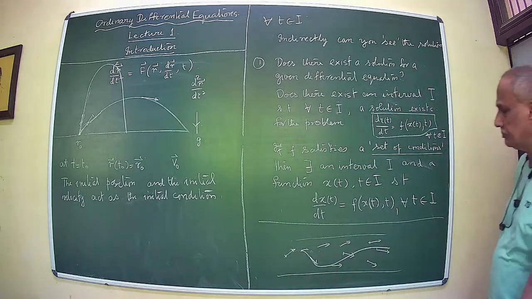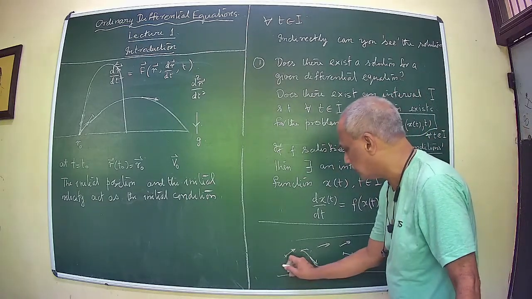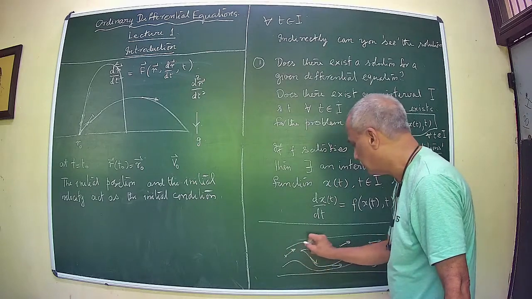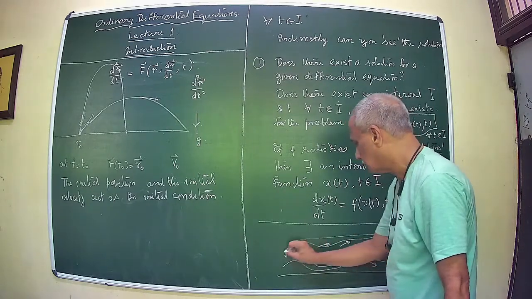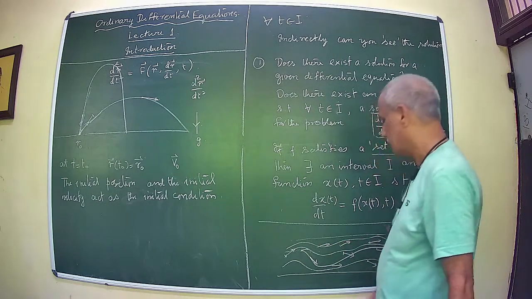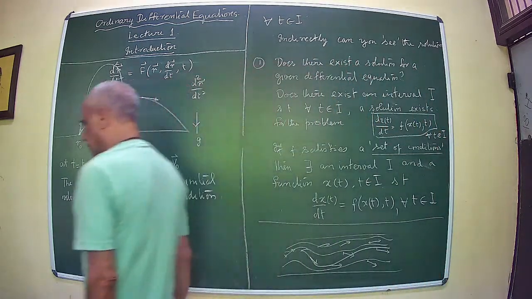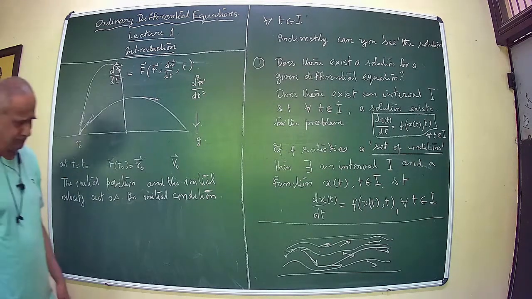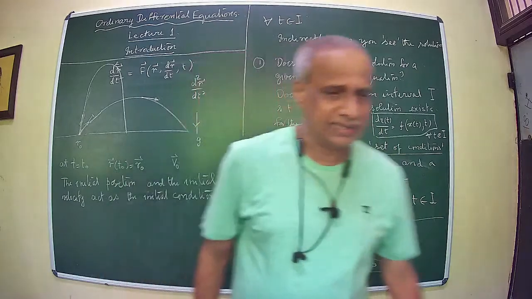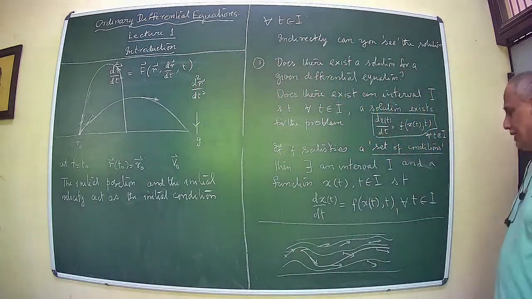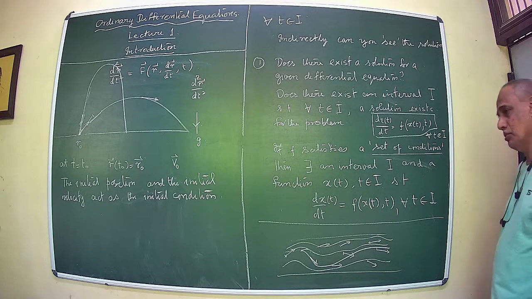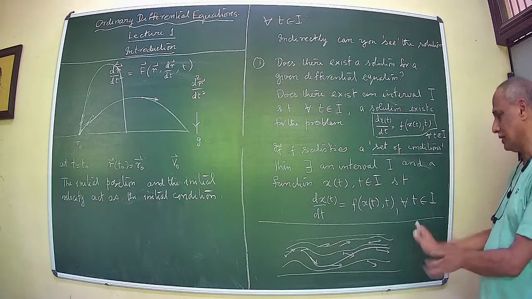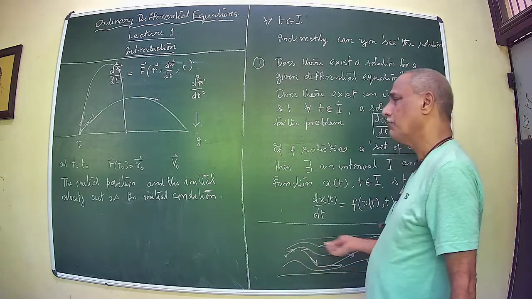Therefore, starting from the initial position, there is a path the leaf would follow. The path of these leaves is what you call the flow lines. And the property is that the tangent to the flow lines gives you the velocity at that point of the flow, and the leaf would follow that path.